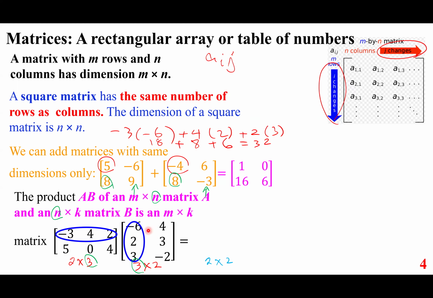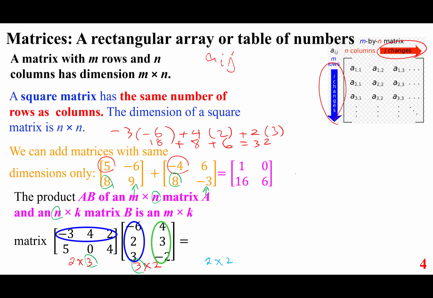Now, so one more time. I multiply this one by this one and I get the first entry. Then I multiply by this one and I get the second entry. So let me show you that one.